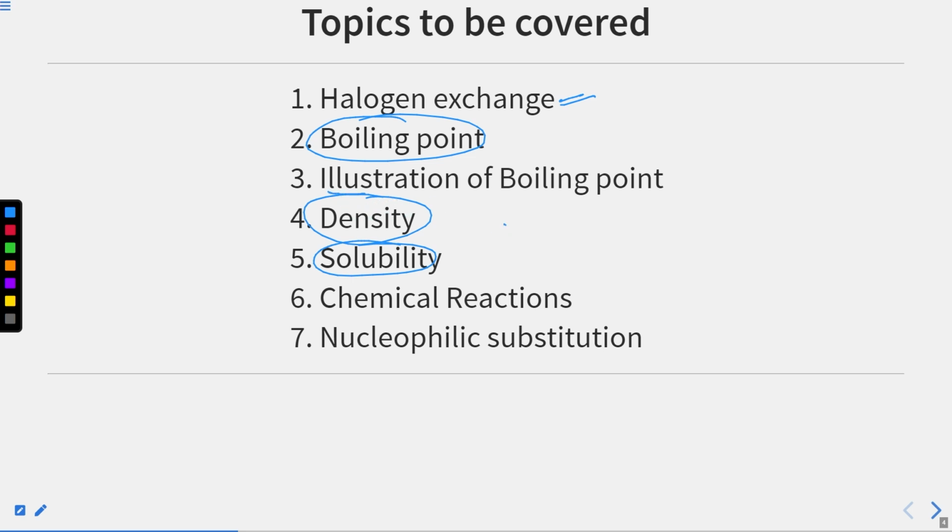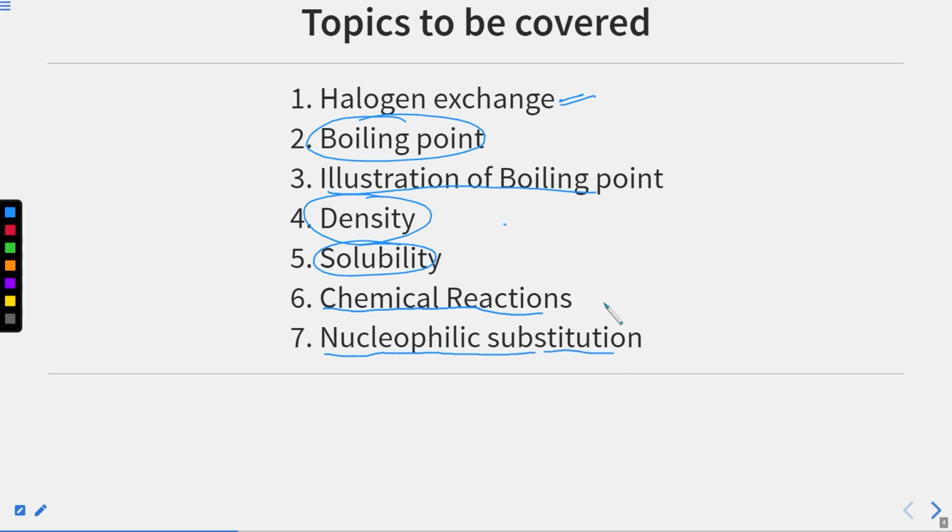Also we have one illustration of boiling point, to check whether the generalization we are making is right or wrong. Then we will see an introductory part of chemical reactions, that is the classification of these types of reactions, and an introduction to nucleophilic substitution.